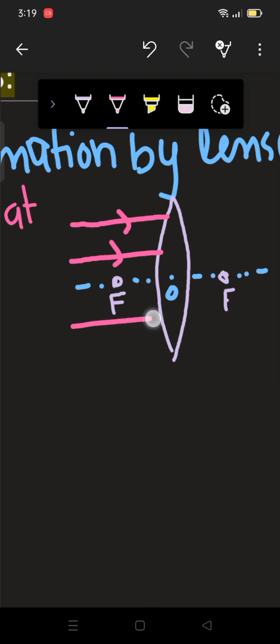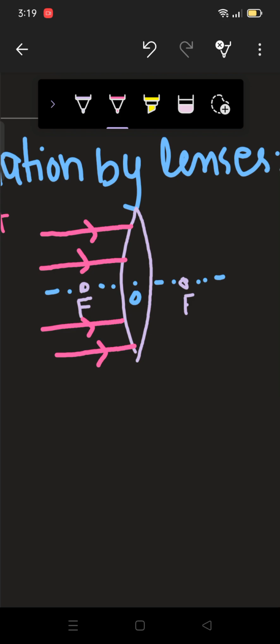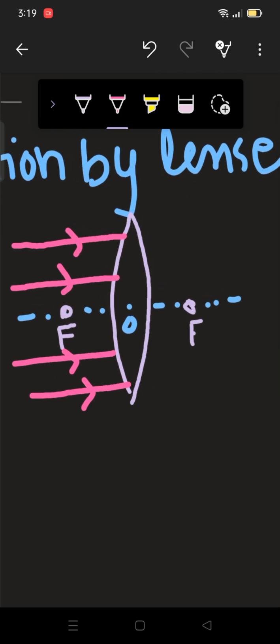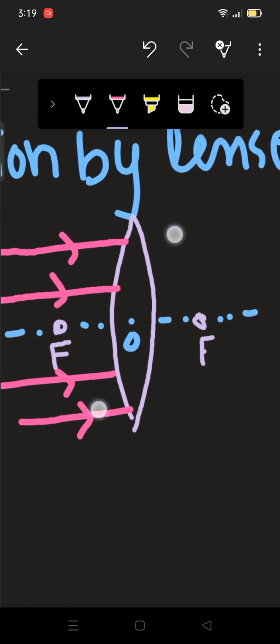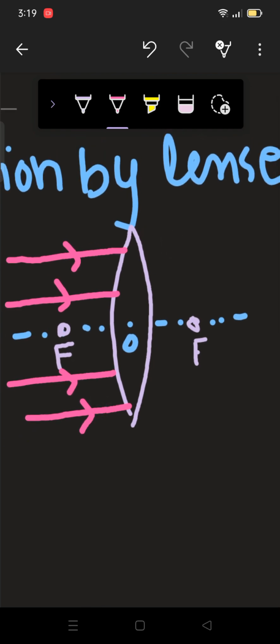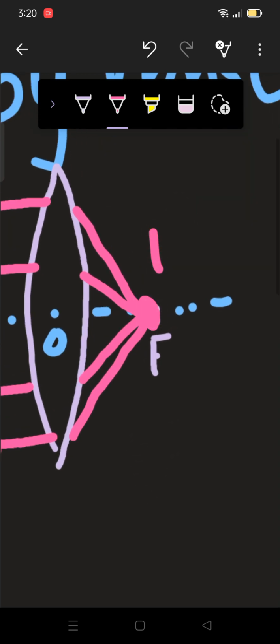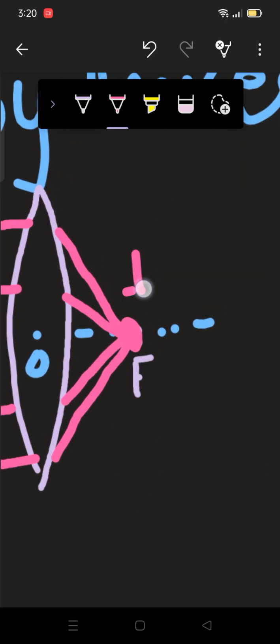We know that this convex lens is a converging lens, so this lens would converge all these rays to the focal point, as you can see here. Here the meeting point will be the image.